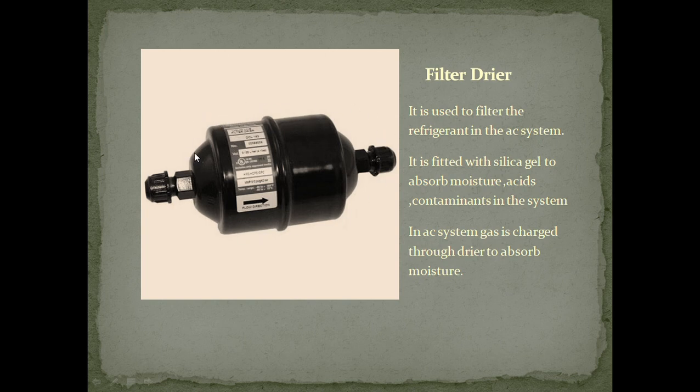We cannot do any maintenance on this type of dryer. In ships, there is a big dryer which can be maintained. In case of water cooled or seawater cooled systems, we need frequent cleaning of the condenser. There will be silica gel in the big type. This one is replaceable, okay.